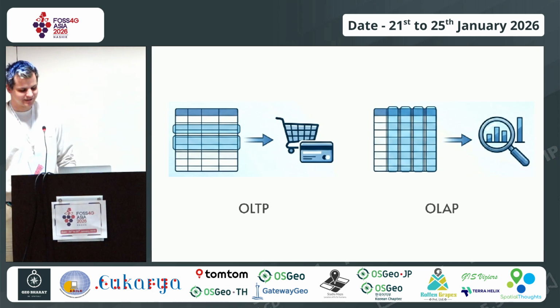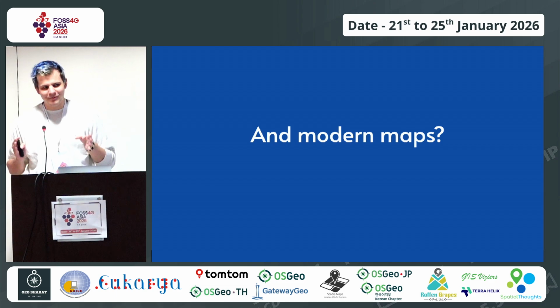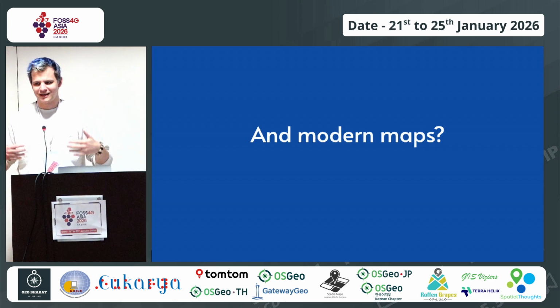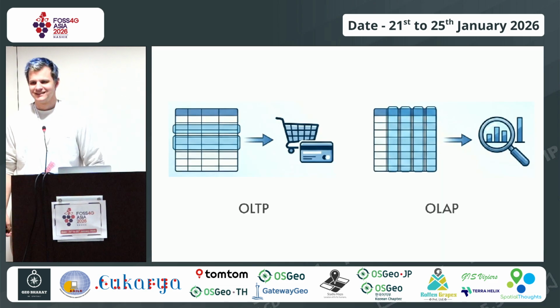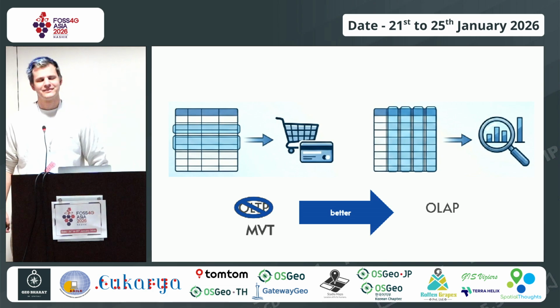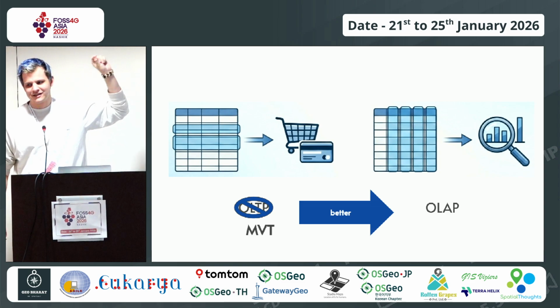Where do modern maps like Mapbox or MapLibre fall into this in terms of the data that we consume? It's transactional because the data can be very easily edited, and I can edit only one field.